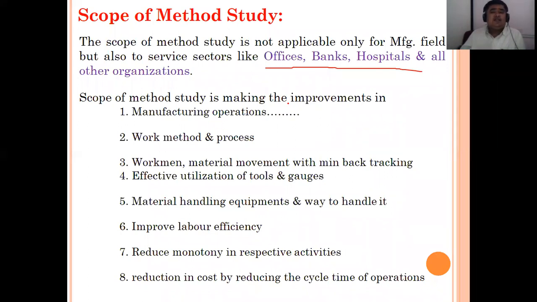Let's say a hospital has 4 floors: ground floor, first floor, second floor, third floor, and fourth floor.